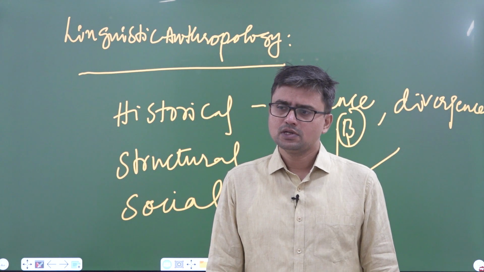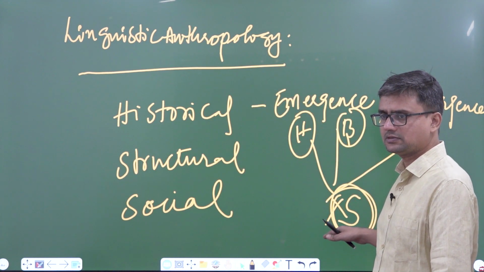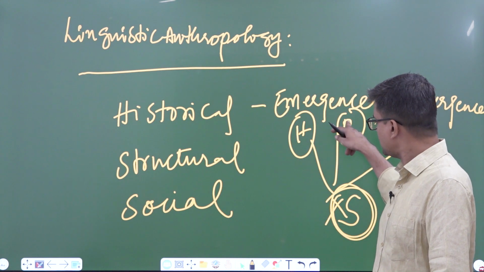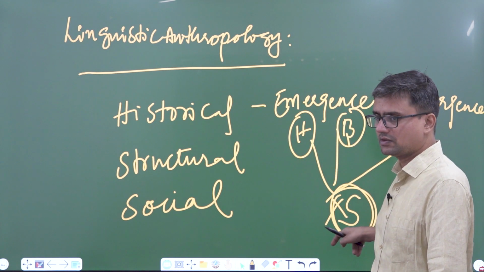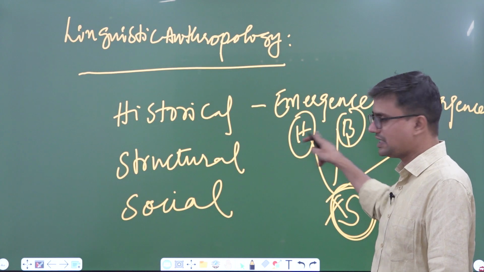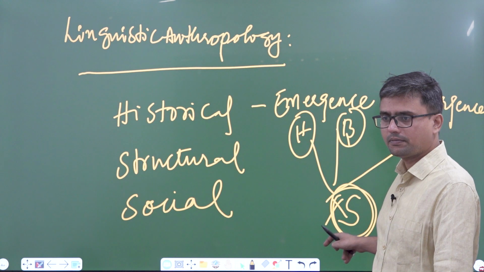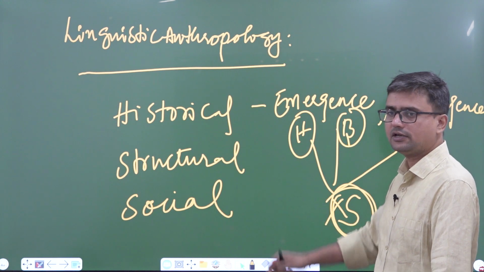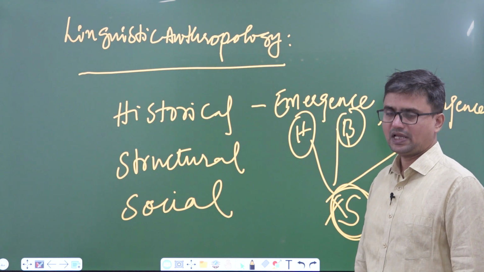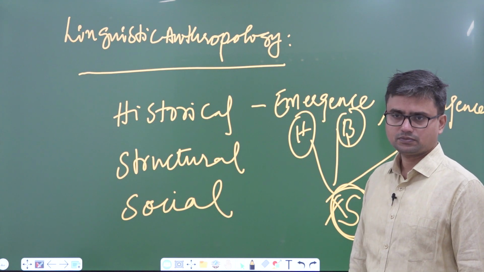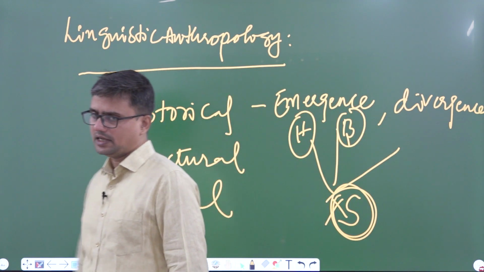Yes, because if this language has similarities with that language, and that one with another, they have a common origin somewhere. We can identify it. This branch is called historical linguistics in linguistic anthropology.